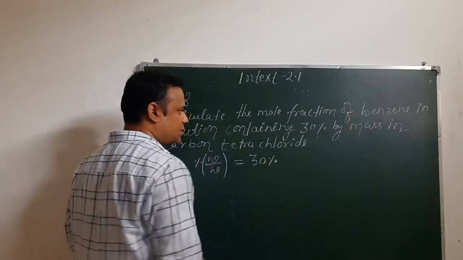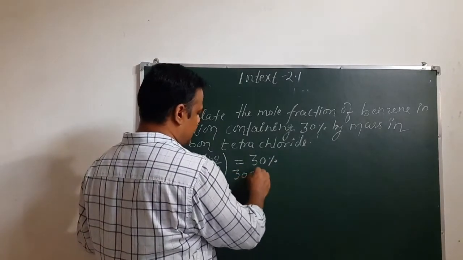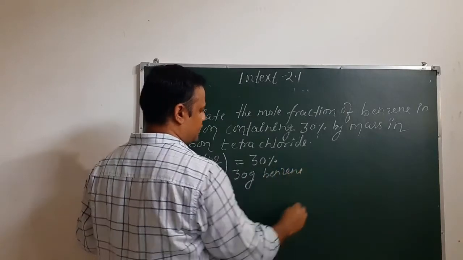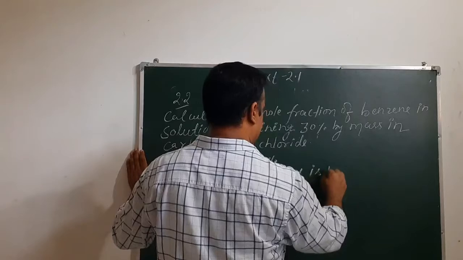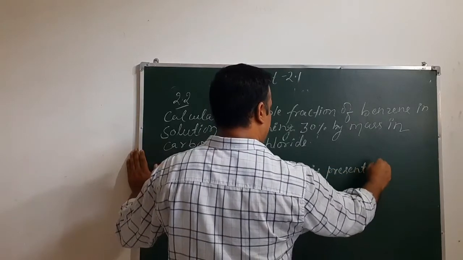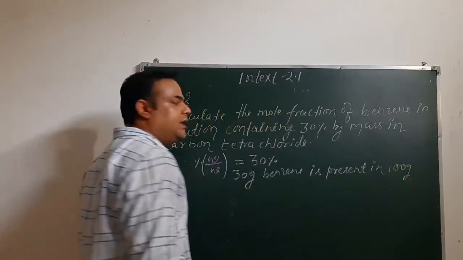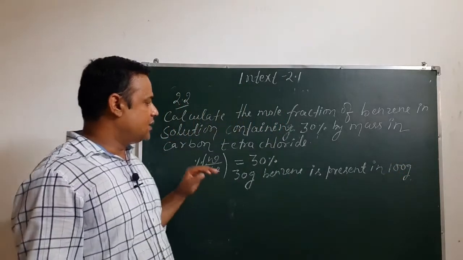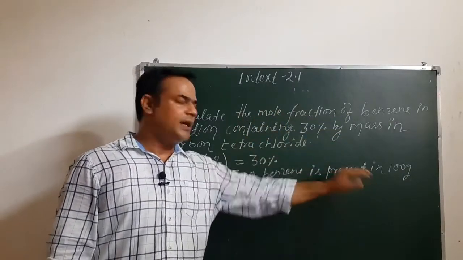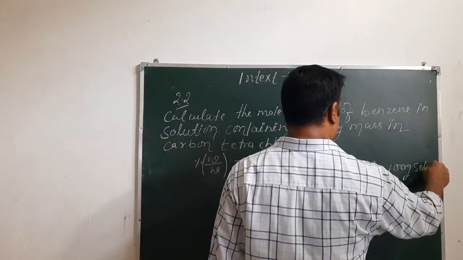What is the meaning of this 30%? That 30 gram benzene is present in 100 gram solution. When we say 30% by mass, it means 30 gram of solute is present in 100 gram solution.